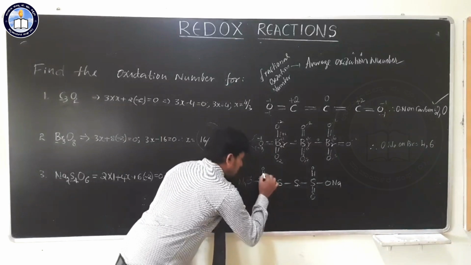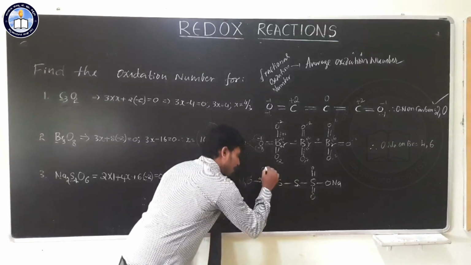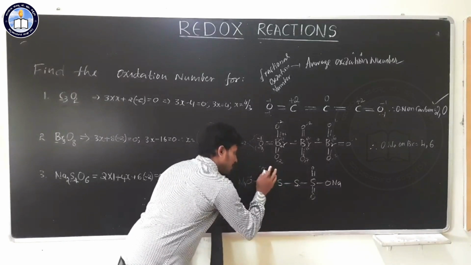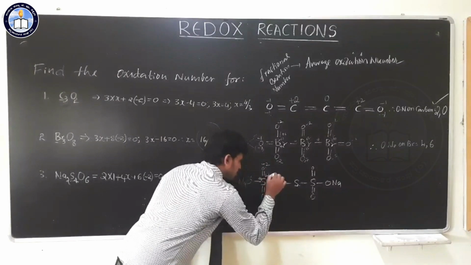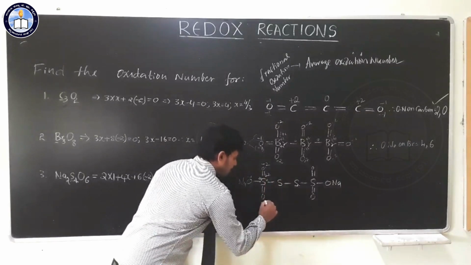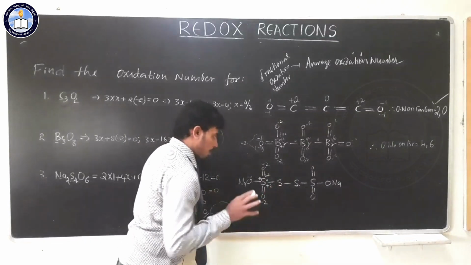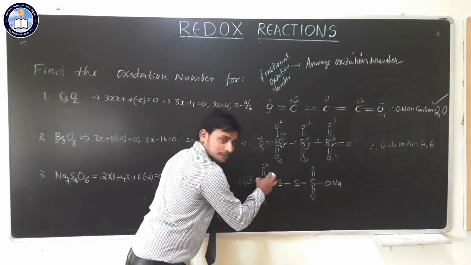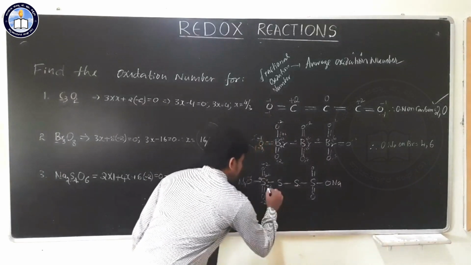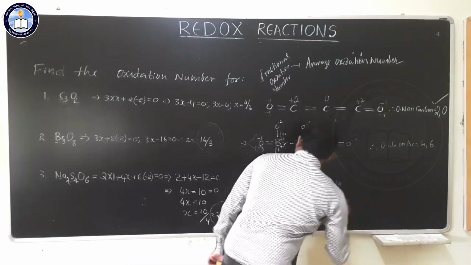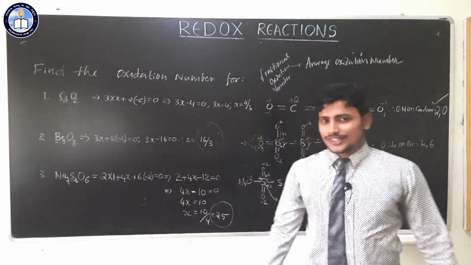Now between oxygen and sulfur, oxygen is more electronegative. For one bond -1, here also -1, total -2 on oxygen. That means here it must be +2. The same thing applies here: -2 means here +2. So what is the oxidation number on the sulfur? 1, 2, 3, 4, 5. Let me give this sulfur an oxidation number of +5, isn't it?